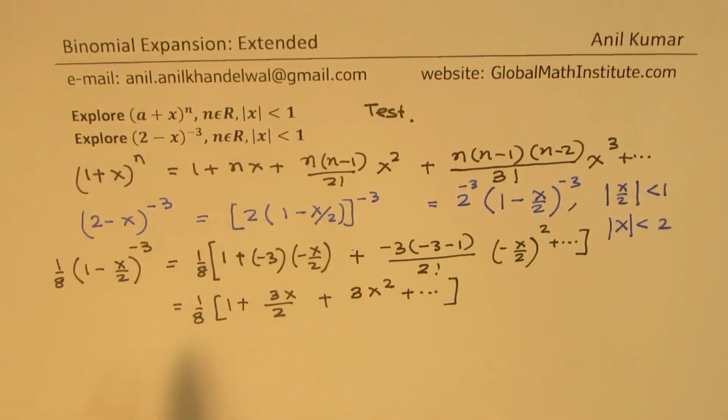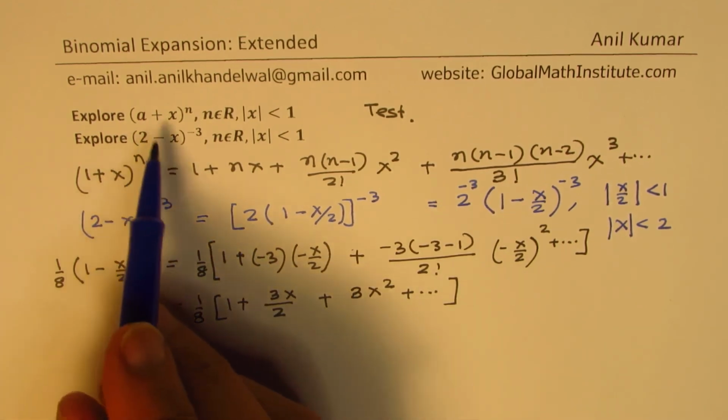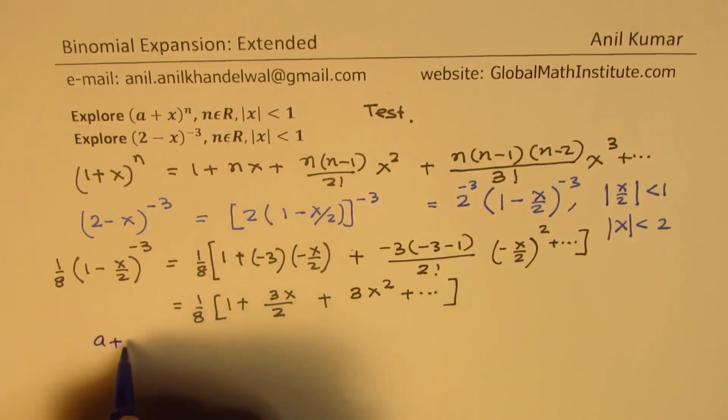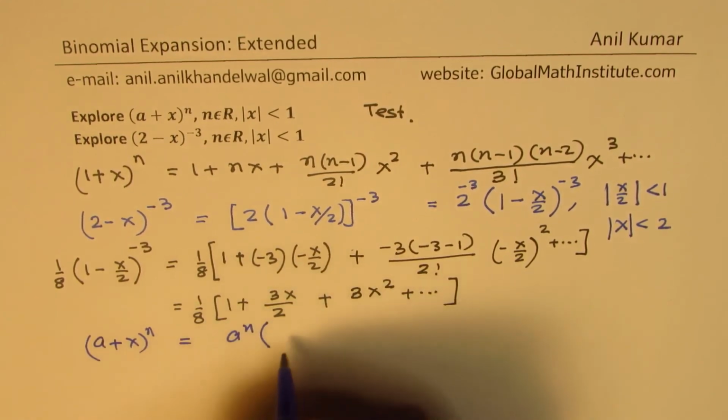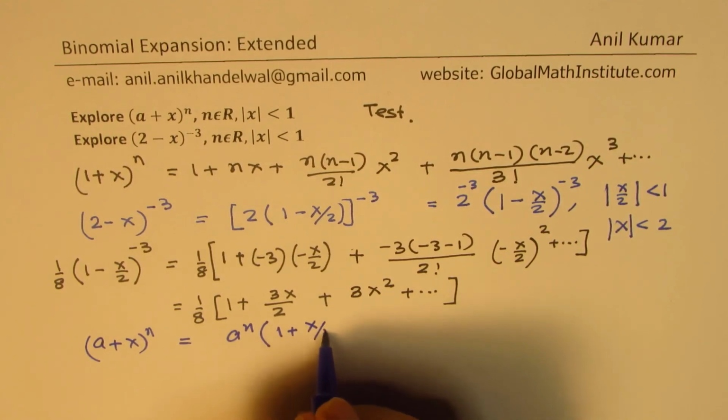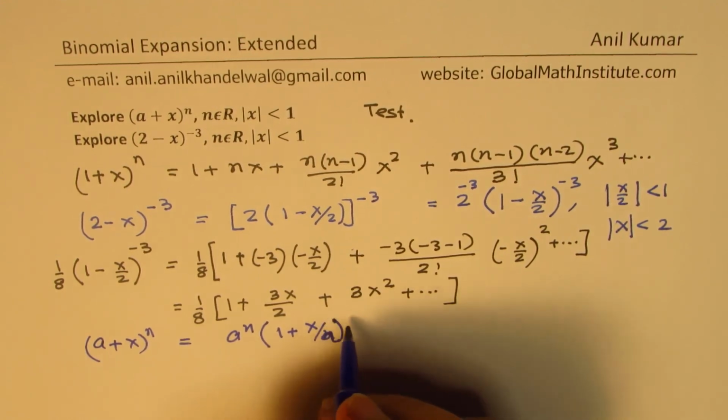So in short, what we have learned here is that you could write any expression of the form (a + x)^n as a^n, and within brackets you take a common, giving (1 + x/a)^n.